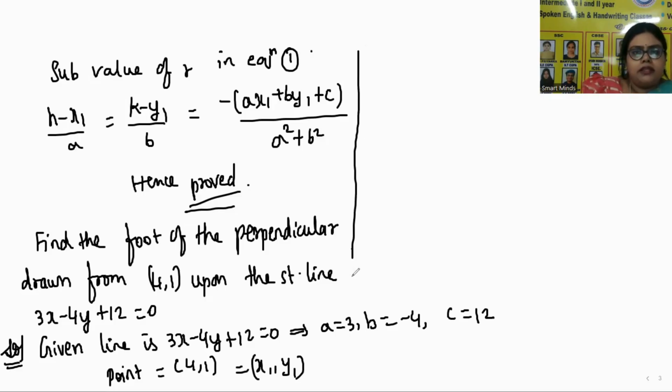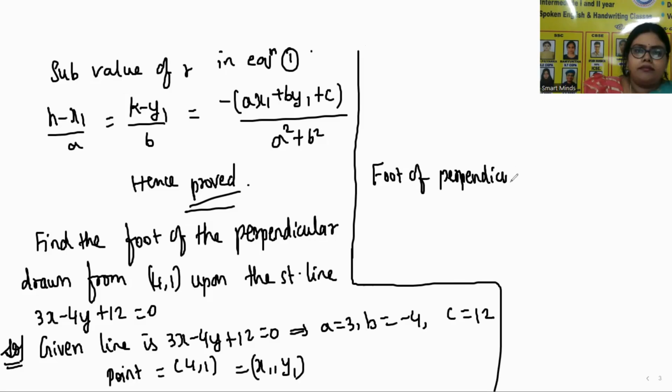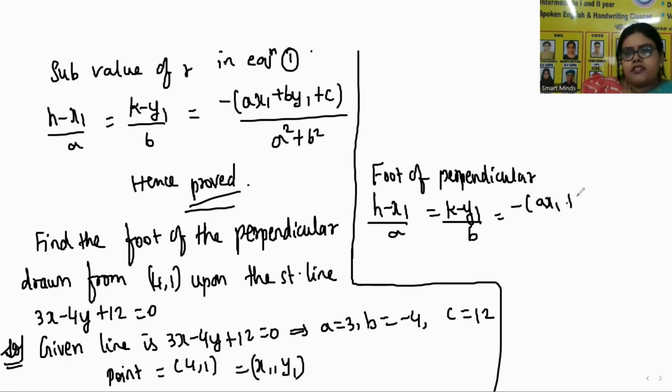Now let us write the formula first. What is foot of the perpendicular formula? h minus x1 by a is equal to k minus y1 by b is equal to minus of ax1 plus by1 plus c by a square plus b square.